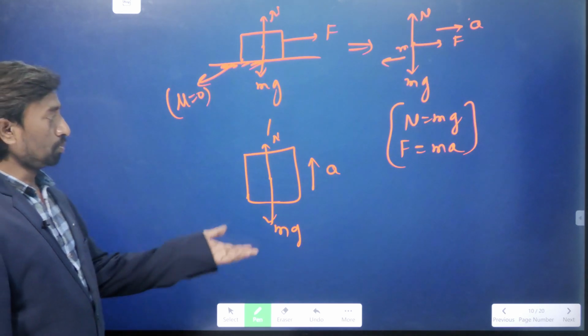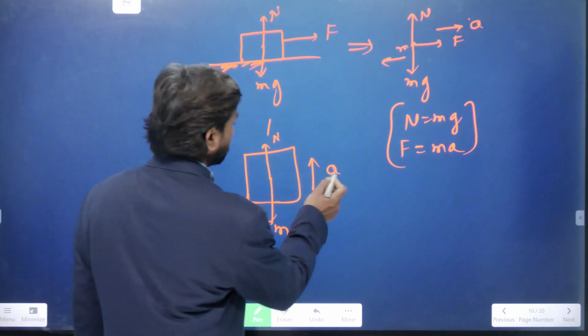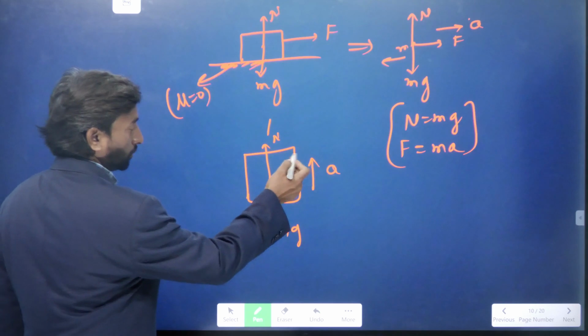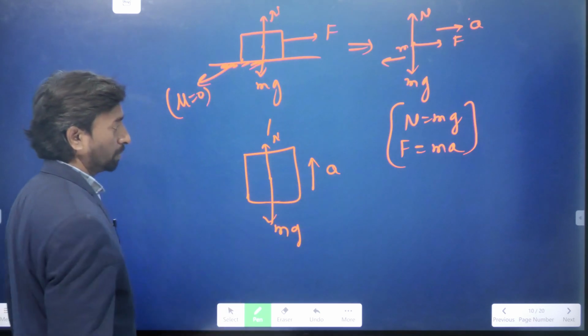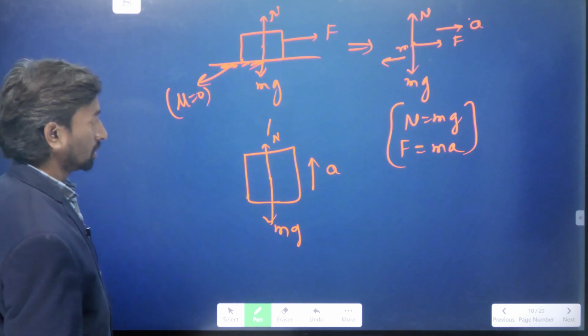But if the lift is moving with a certain acceleration, with changing velocity, then a pseudo force acts due to this acceleration. To apply Newton's second law, we need to consider this pseudo force.